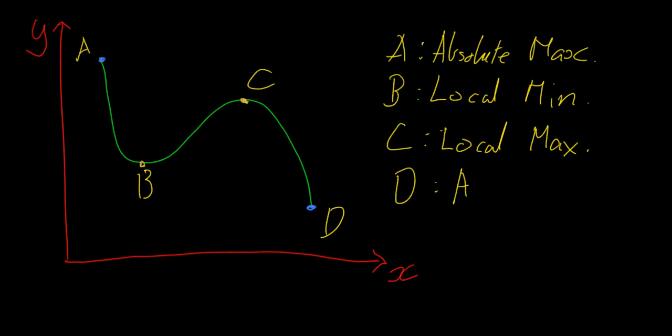Sorry, not absolute maximum, the absolute minimum. Okay. And we're going to look at a few functions down here and see where we can locate some of these points with these characteristics: absolute maximum, local minimum, and absolute minimum.